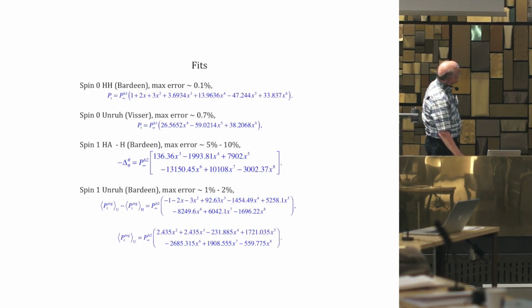Okay, so fits. These are just some of the formulas I came up with. The second, for the spin zero Unruh vacuum, is just the fit of Visser. And for the difference, here is the difference, delta theta theta, or minus delta theta theta, which is the spin one analytic Hawking formula minus the numerical result.